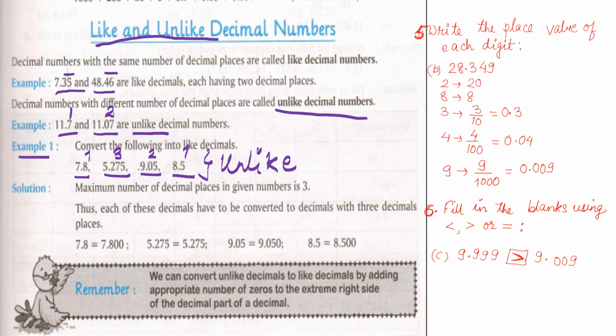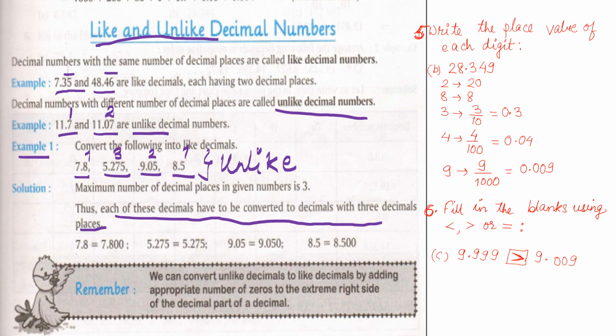You will make them like by placing each of these decimals have to be converted to decimal with 3 decimal places. 3 decimal places because if you see here maximum decimal place is 3, isn't it? Others are 1, 2 and 1. So what we will do?